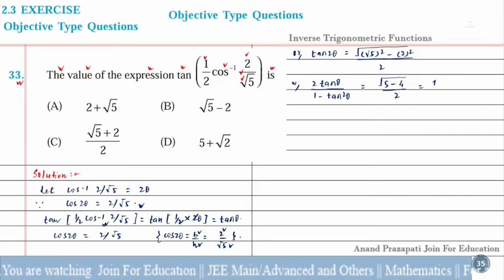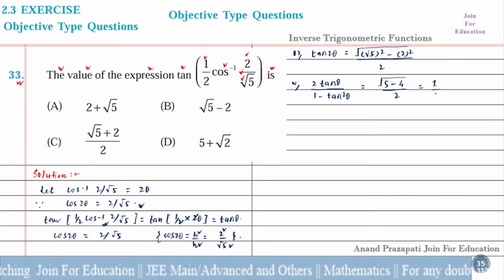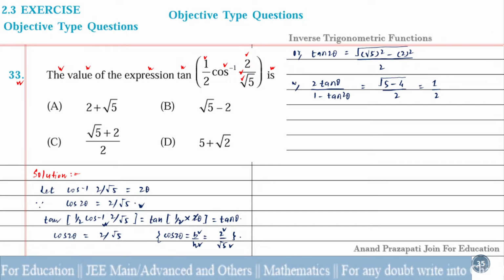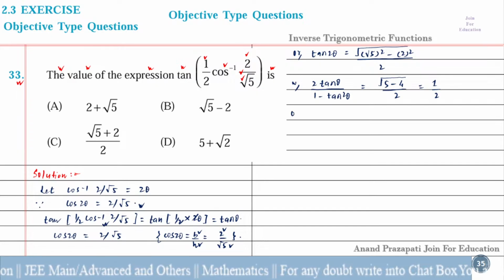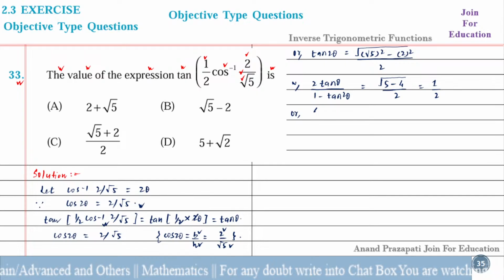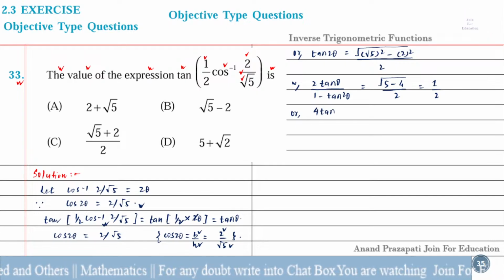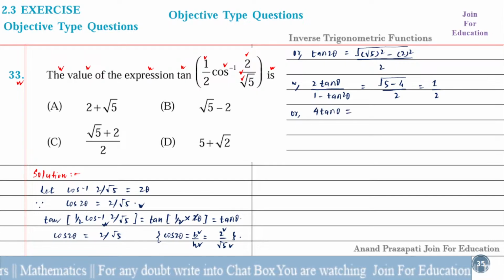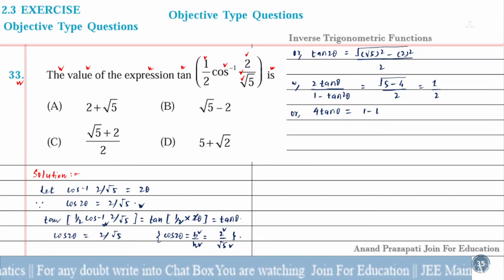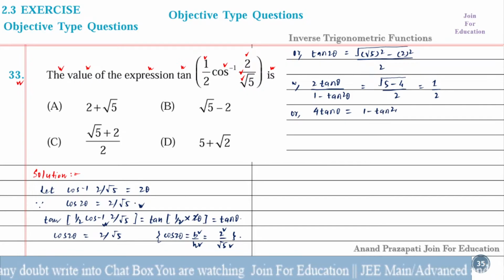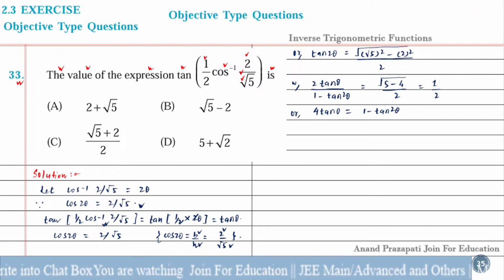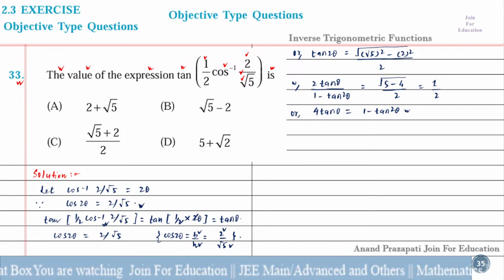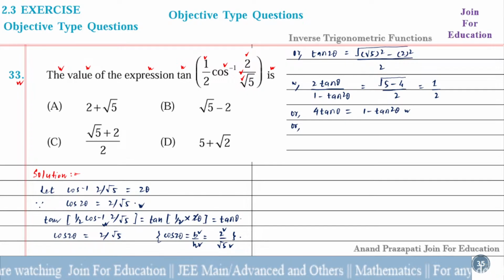So we write down here 1 by 2. After cross multiplication, we get 4 tan theta equal to 1 minus tan square theta.